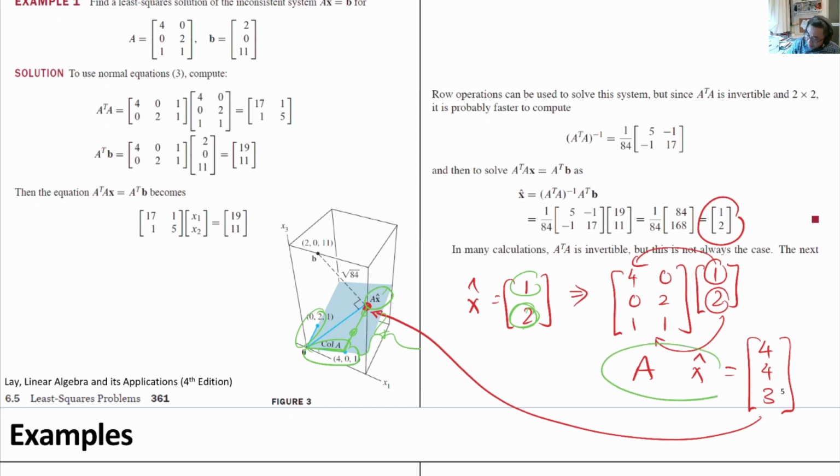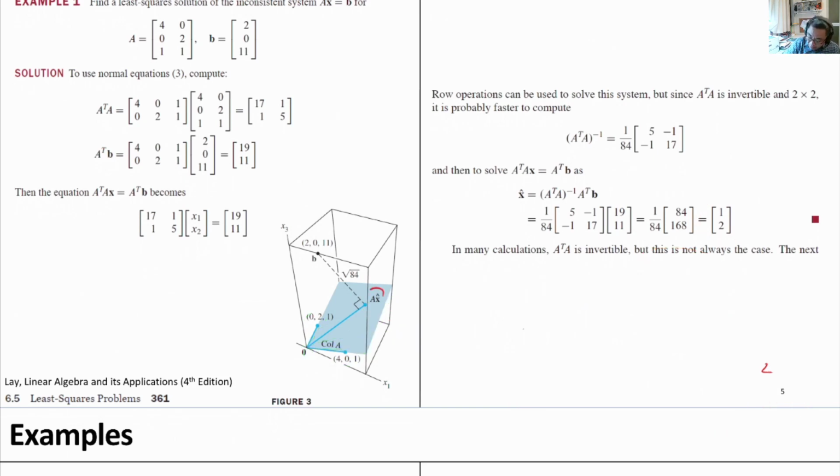If not, we can compute it by brute force and we get this value. We have found A x hat here, a point in the blue plane which is in the column space of A.